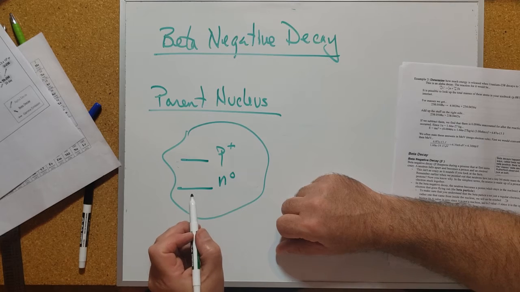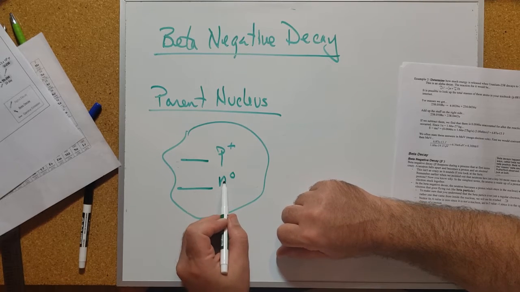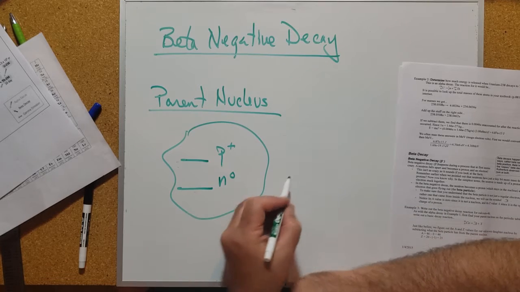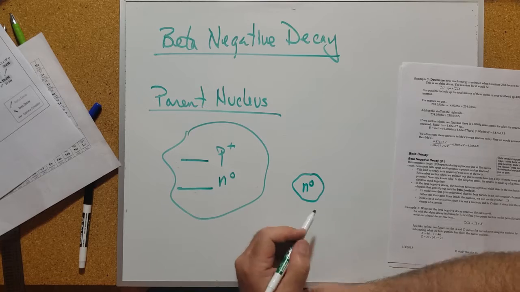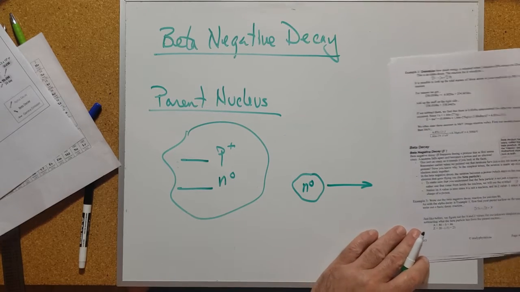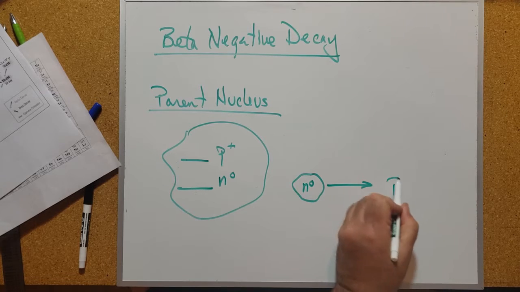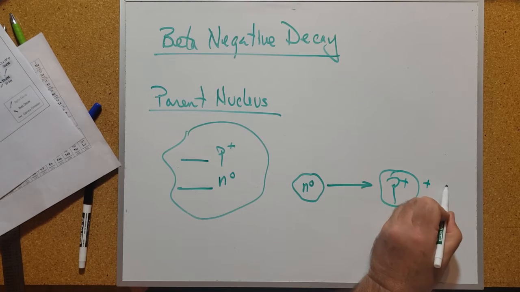And what is beta negative decay? Listen to this. One of the neutrons within the nucleus, let's say this is my neutron right here, actually undergoes a change in which the neutron becomes a proton plus an electron.